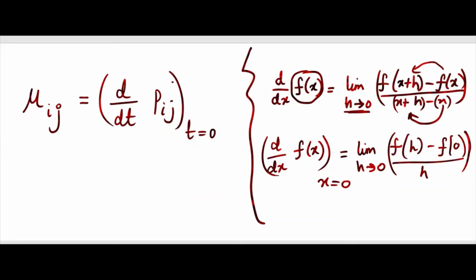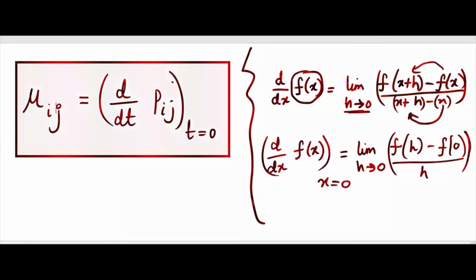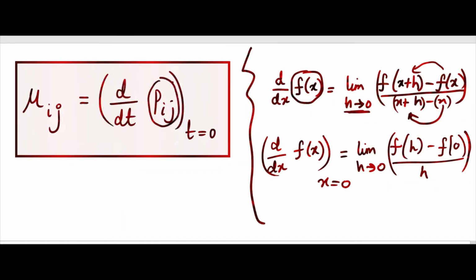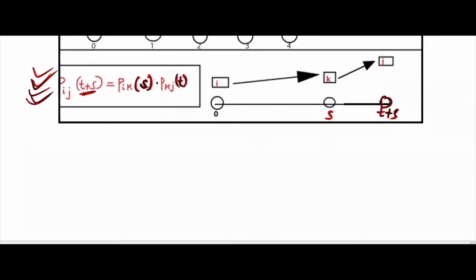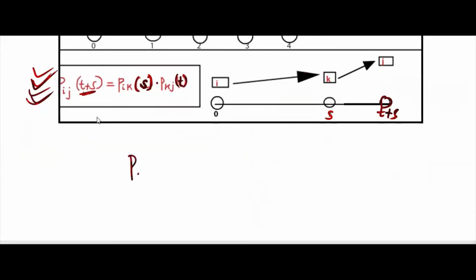So by definition, we have considered this one, mu ij. Mu ij is different from Pij. When we talk about mu ij, these are the transition intensities, and the definition is the rate of change of probabilities around t0. So this is the probability Pij. This is the probability we talked about here, Pij(t), suppose.